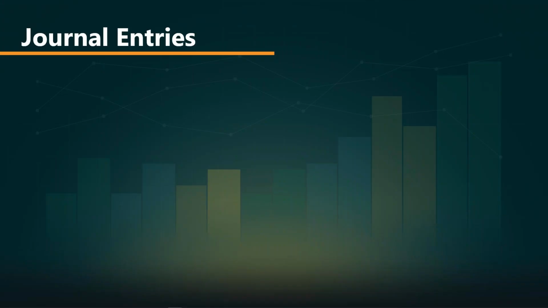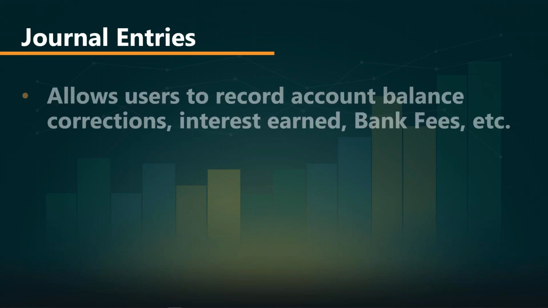The last transaction type that we're going to go over is journal entries. And this is just kind of the miscellaneous transaction. Anything that the previous transactions don't take care of, then most likely you would use a journal entry.